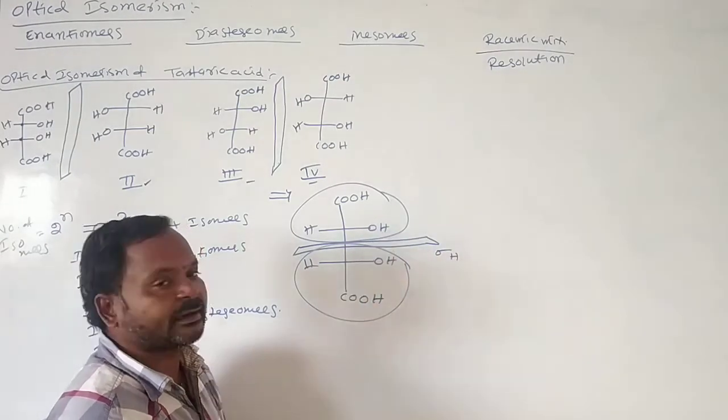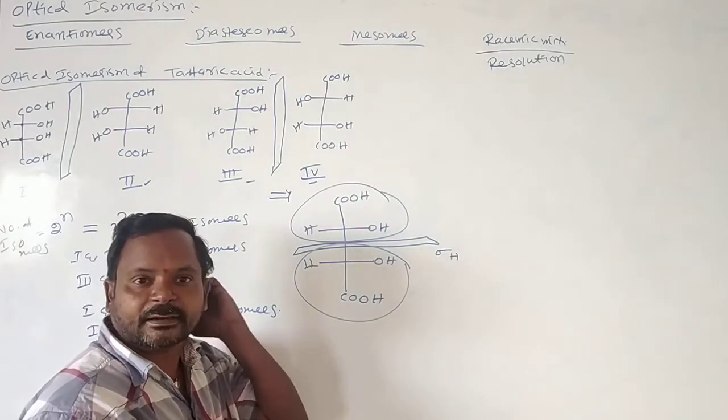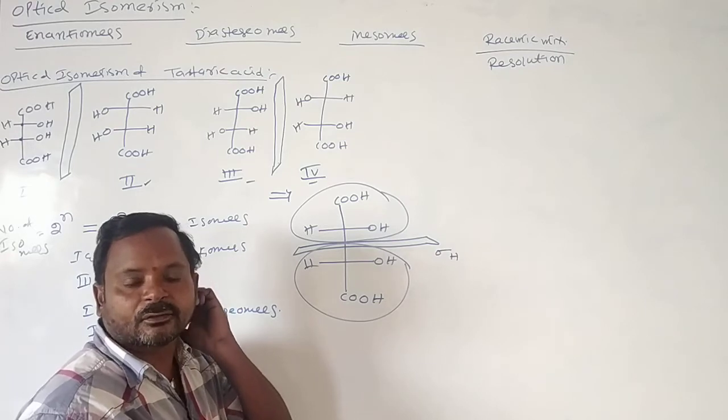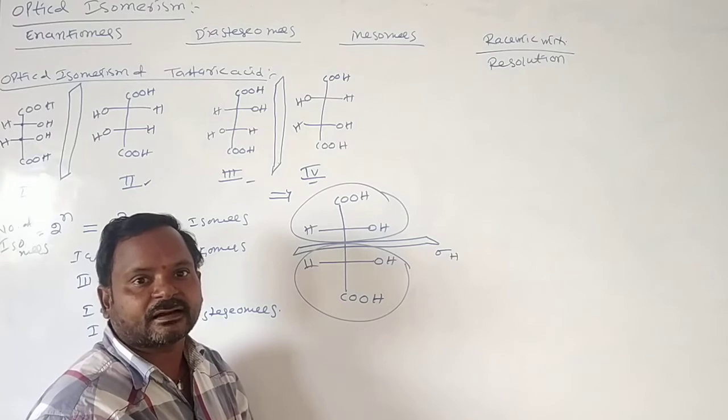One half can rotate plane polarized light towards the clockwise direction, and the other can rotate plane polarized light towards the anti-clockwise direction. I will explain this concept based on the RS configuration.